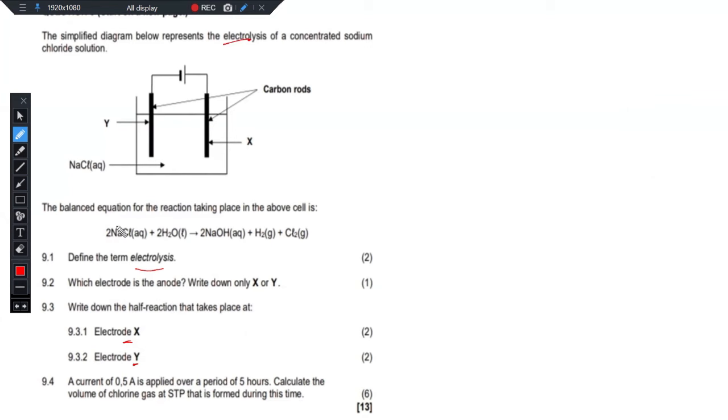But then in most of the cases, we know that our sodium here acts as a spectator ion, right? So what we are seeing from this reaction is simply 2Cl minus plus 2H2O to give us 2OH minus plus H2 plus Cl2.